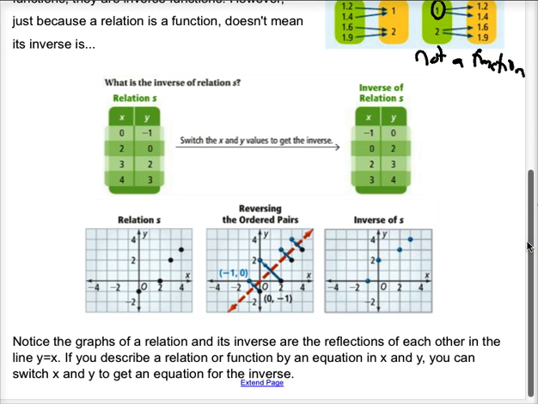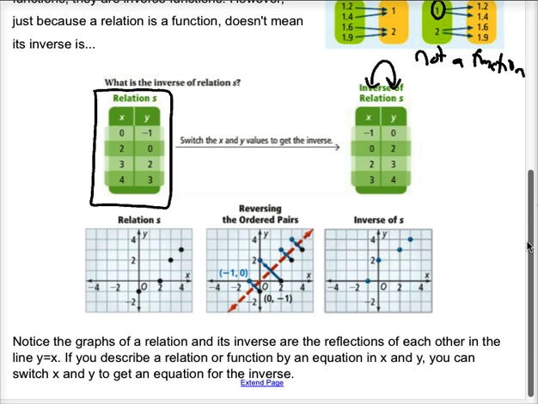So here's another example of how you find the inverse of a function or inverse of a relation. We start with our data: (0, 1), (2, 0), (3, 2), (4, 3). So we start with all of those points, and what we're going to do is flip-flop the x's and y's.